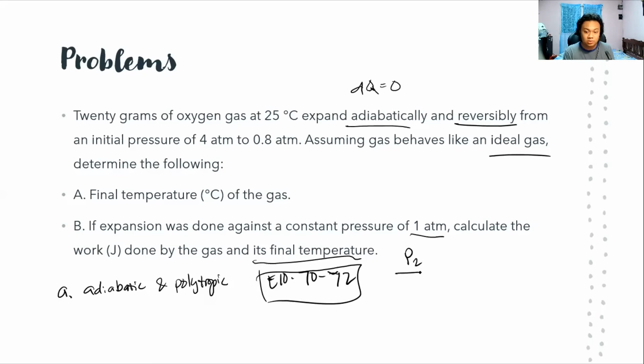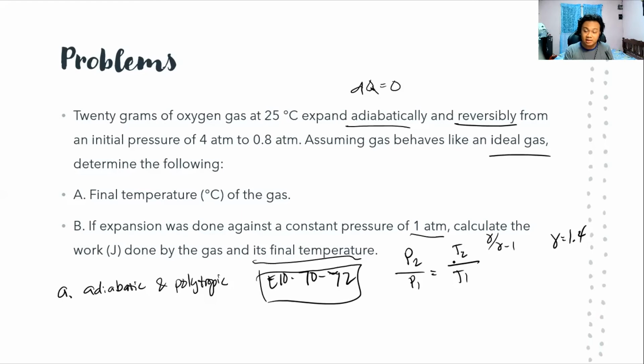So P2 over P1 is equal to T2 over T1, raised to that exponent. And because oxygen gas is a diatomic molecule, we can use 1.4. This is actually the gamma for air, the ratio of Cp over Cv. So we can use this equation.